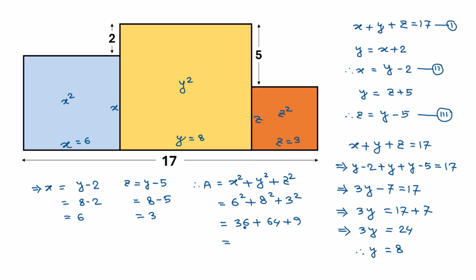So 36 plus 64 is 100, plus 9 is 109, and this is the total area of these 3 squares.